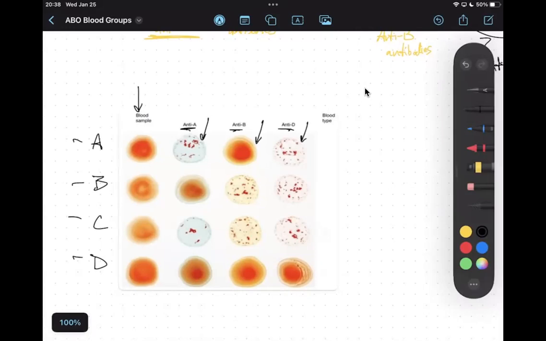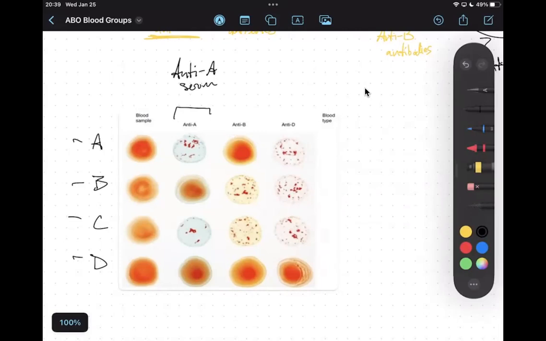All right. So let me erase all of this, clean this up a little bit. If we look just at this section right here, what we add is something called anti-A serum, okay? This anti-A serum is not the same thing as the anti-A antibodies, all right?